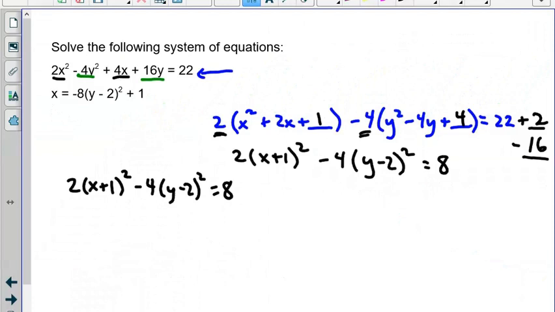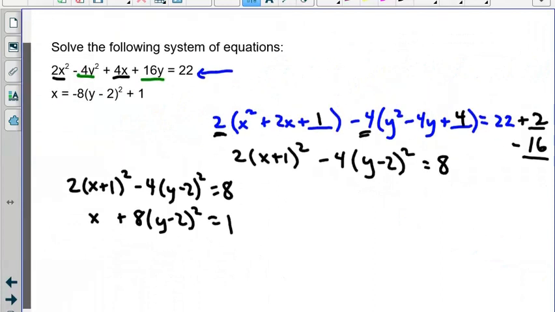And then I'm going to look at the bottom one, and I'm actually going to add the 8(y − 2)² over to the left. So in this problem, I'm going to throw in a bunch of techniques that you're just maybe going to see only once. Maybe you'll never use them. Maybe these are things that you might be able to use relatively, I wouldn't say frequently, but with a whole lot of success.